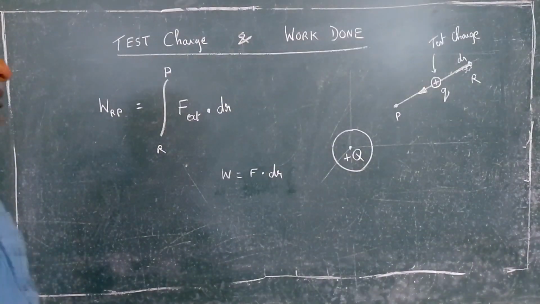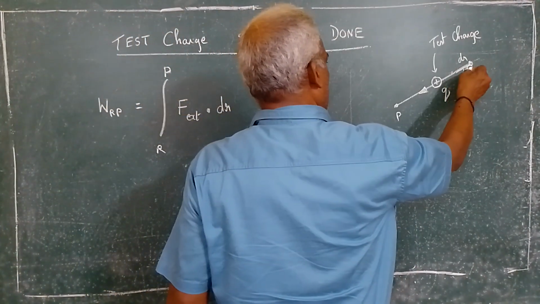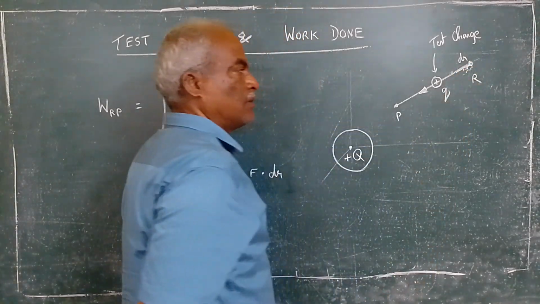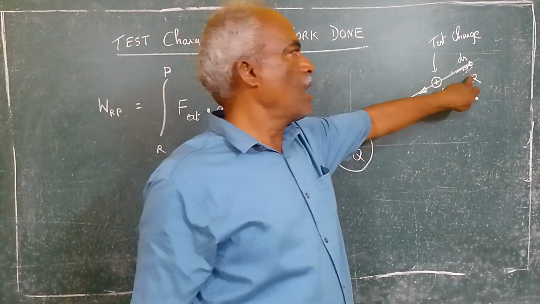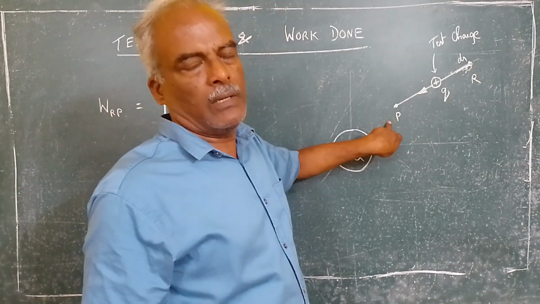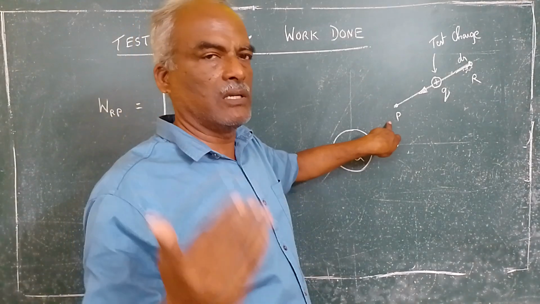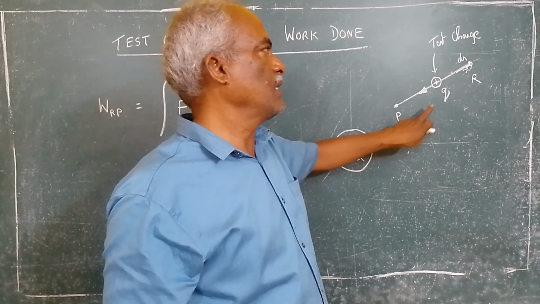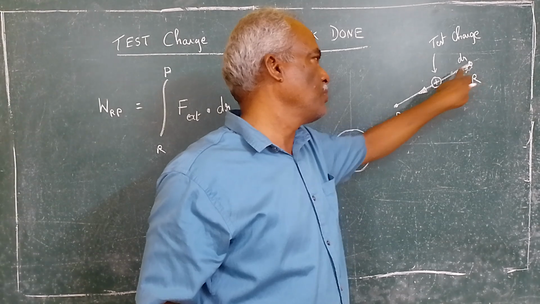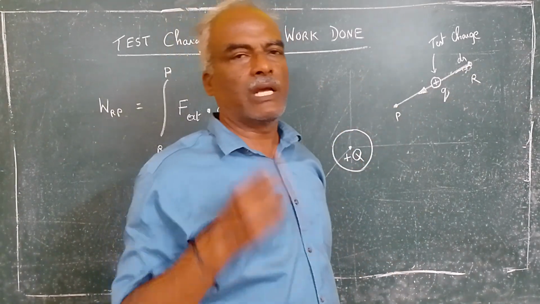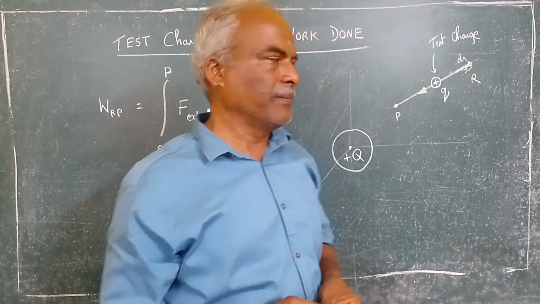Suppose I want the work done from R to P because of the external force, so that this test charge moves from this point to P point, then I have to go for integration.